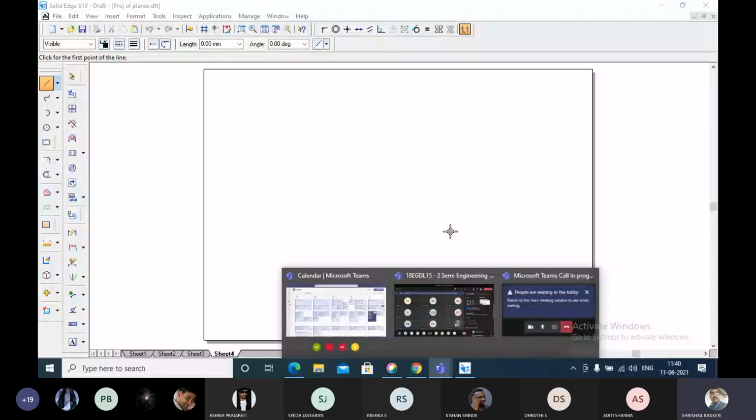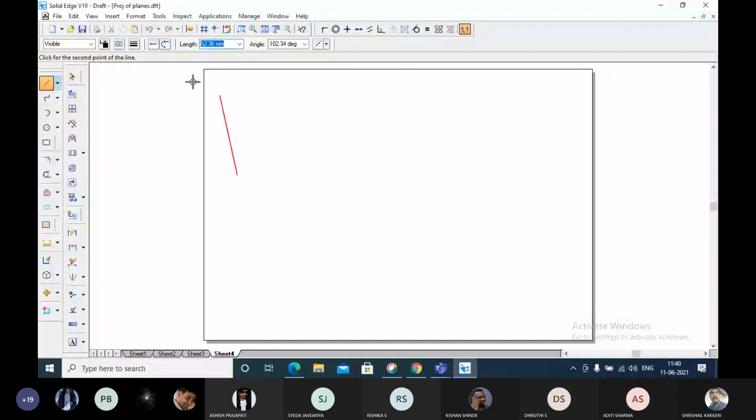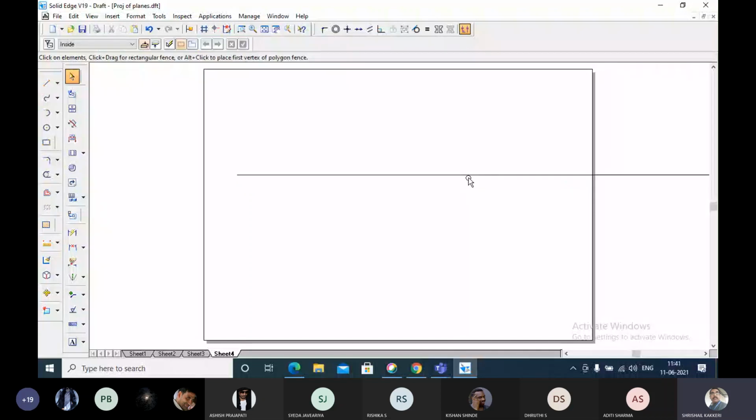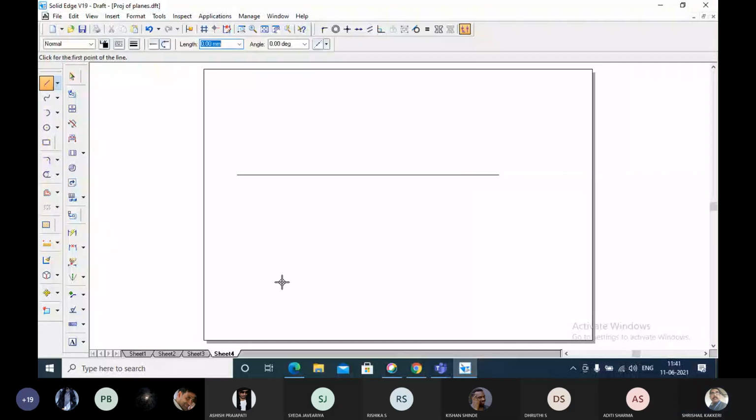Okay, you take a line, normal, around 200. I have taken a maximum of 200. Okay, a pentagon. So 25 tab 0, 25 tab 72, 25 tab 144, 72 into 2.